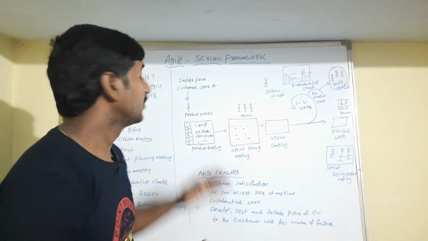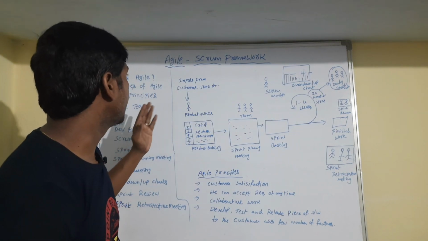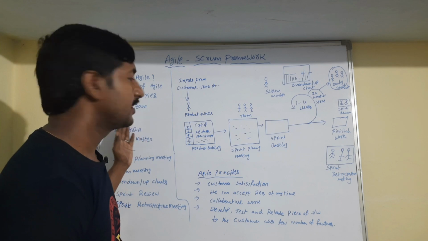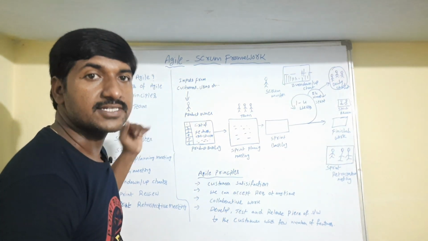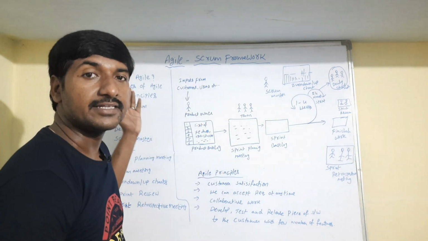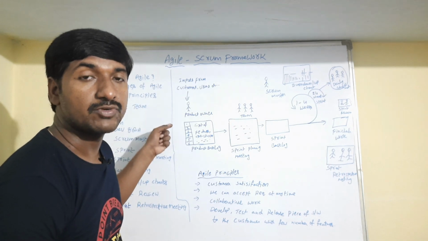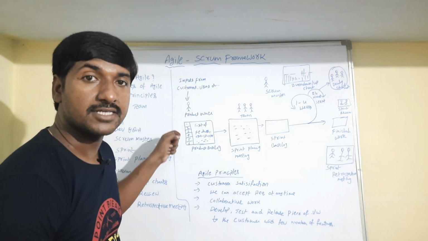So in this session, we are going to see what is Agile, advantages of Agile, Agile principles, and who is the Scrum Master and what is the Scrum Team, and in the Scrum Team who are involved. What are the roles and responsibilities of a product owner and a Scrum Master.